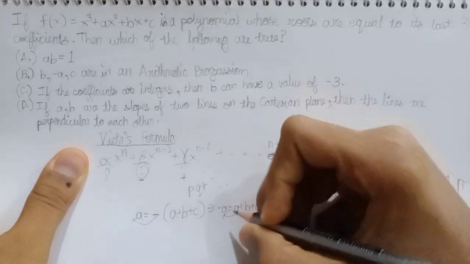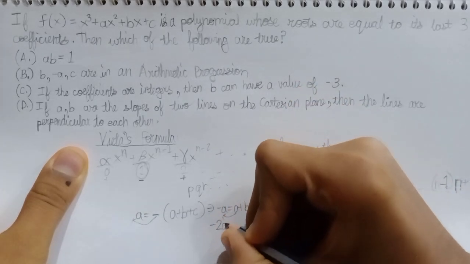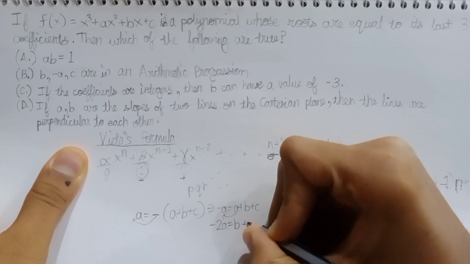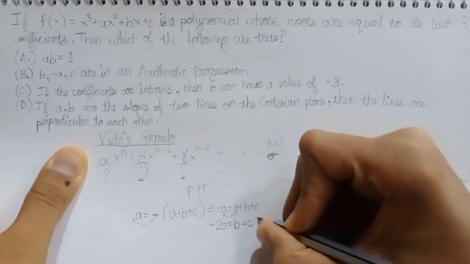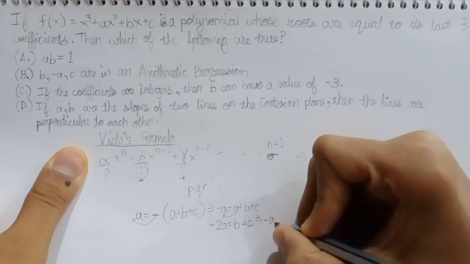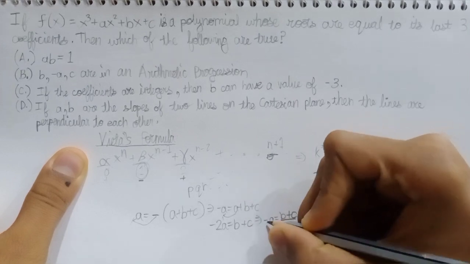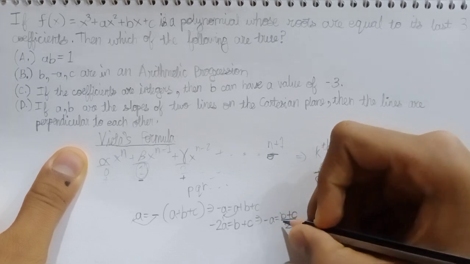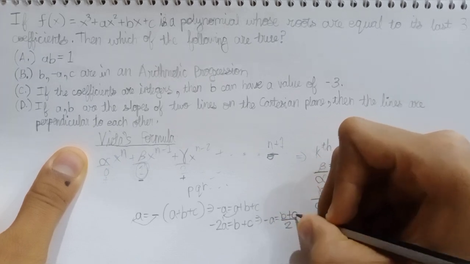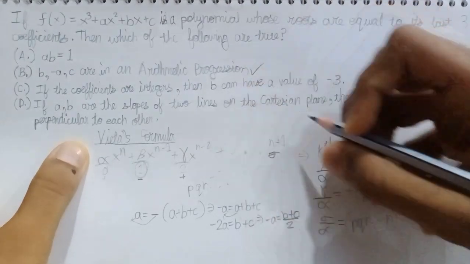Take a this side, you have minus 2a is equal to b plus c. So minus a is equal to (b plus c) by 2. Since negative a is the average of b and c, b, negative a, and c will be an arithmetic progression, which makes this option correct.